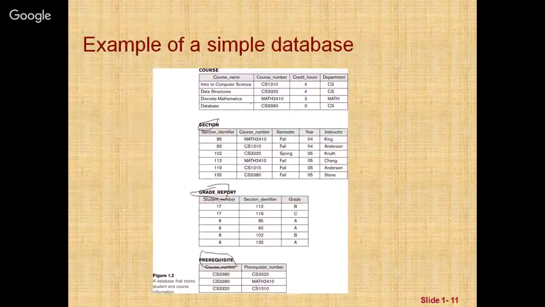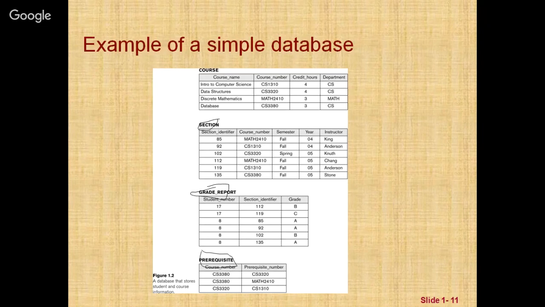Each course includes course name, course number, credit hours, and the department by which the course is going to be offered. The data type of each element within a record should also be maintained. For example, student name is of alphabet type.